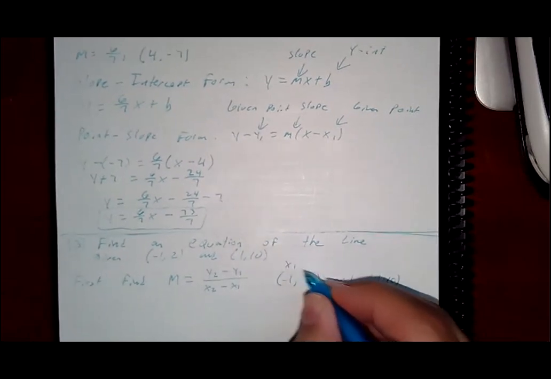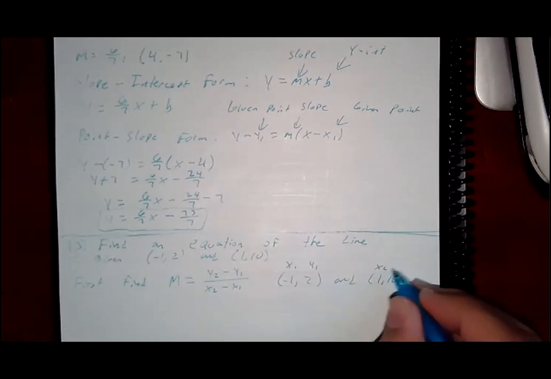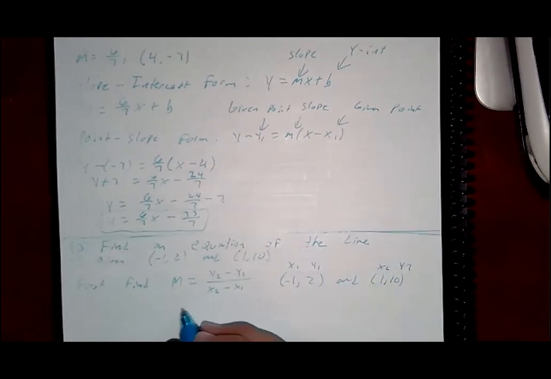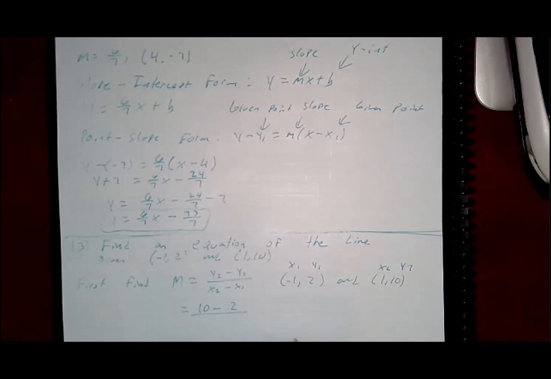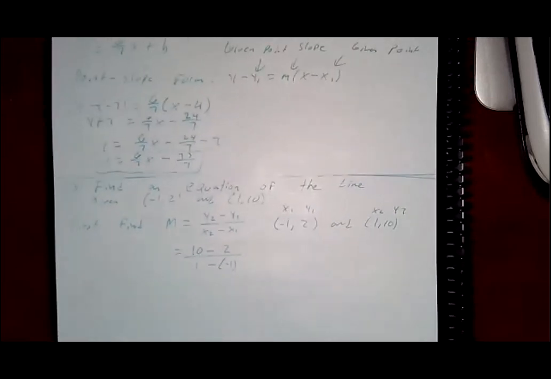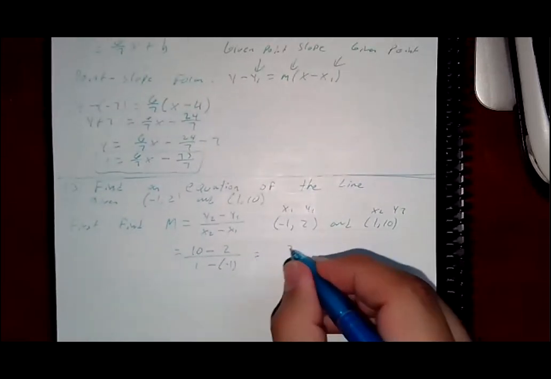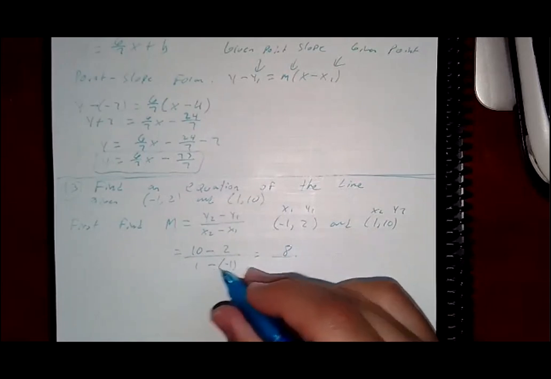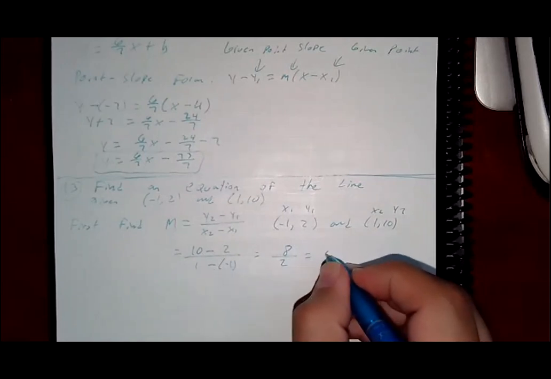This is x1, y1, x2, y2. So m will be 10 minus 2 over 1 minus negative 1. So the slope will become 8 over 2, which is 4.